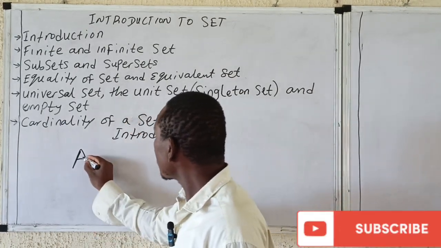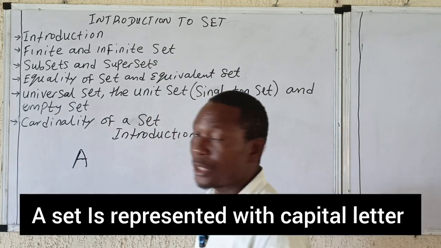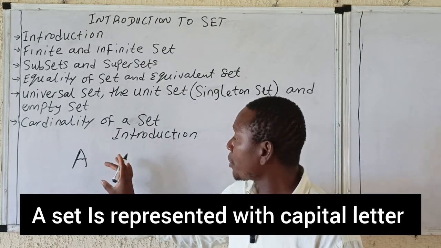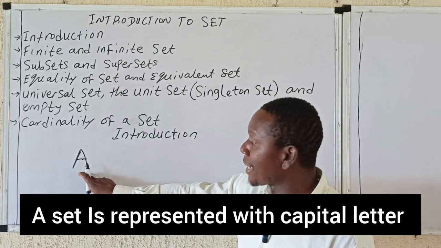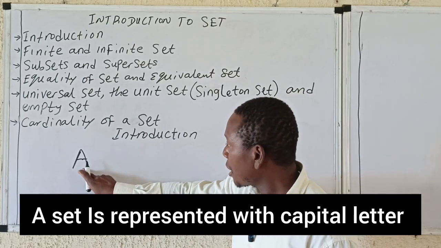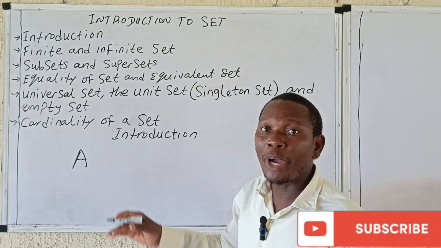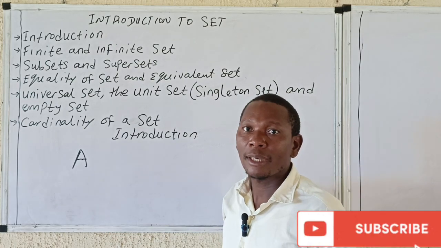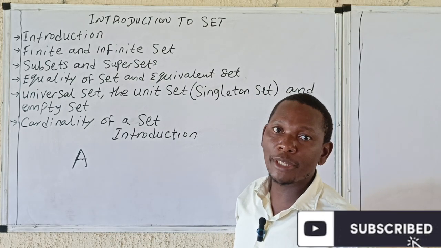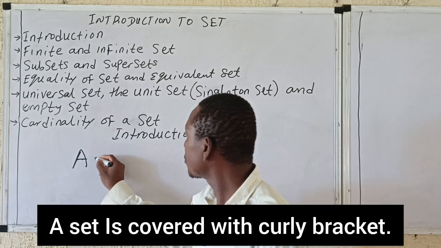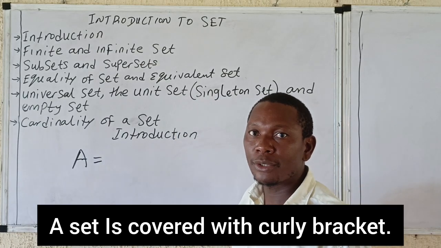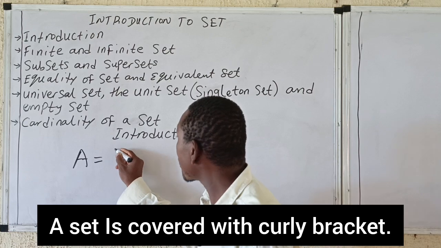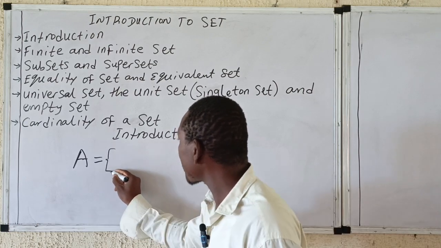A set is usually represented with a capital alphabet. So let's assume that a set A, which is a capital letter A, comprised of even numbers between 10 and 20. A set is usually enclosed with a curly bracket.